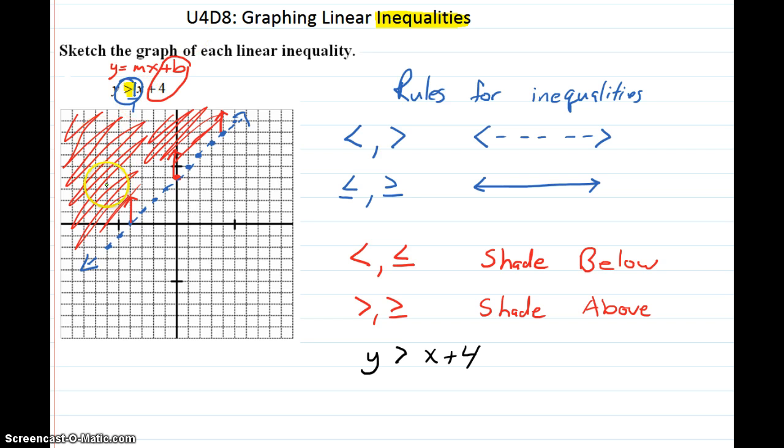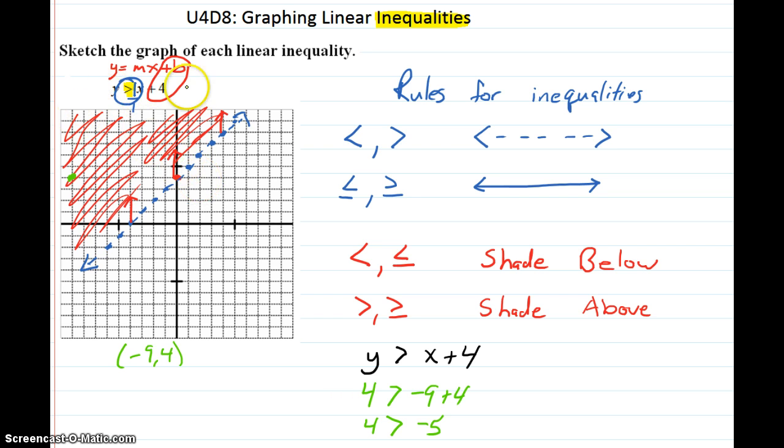Let's say we pick this dot right here, which is negative 9, comma 4. We want to see, is that a solution? So we put our 4 here for the y, our negative 9 for the x, and we do the math. Is 4 greater than negative 5? Well, of course, that's true.